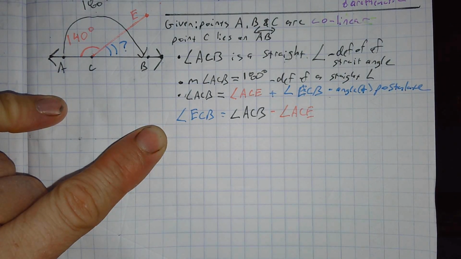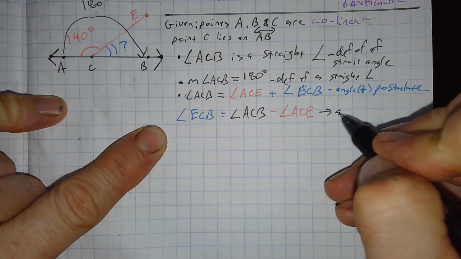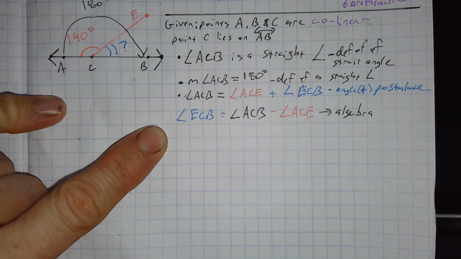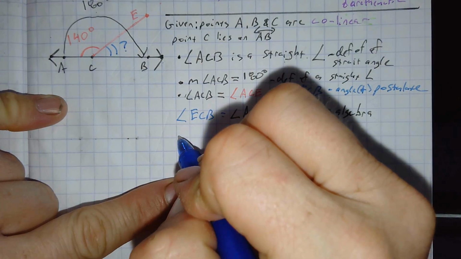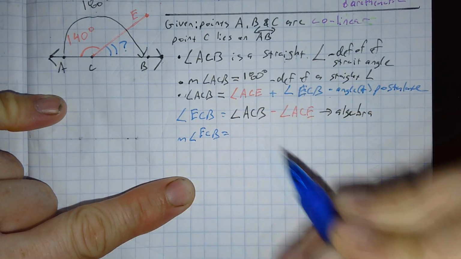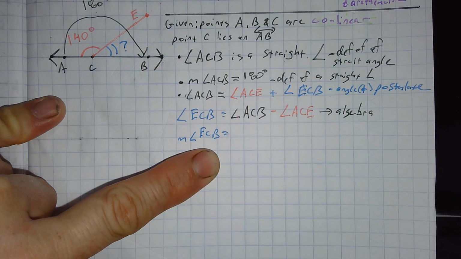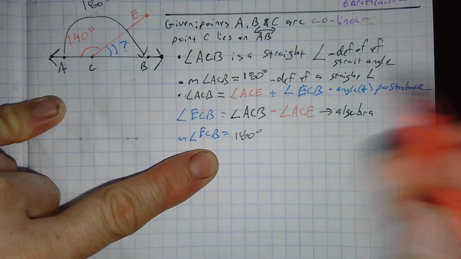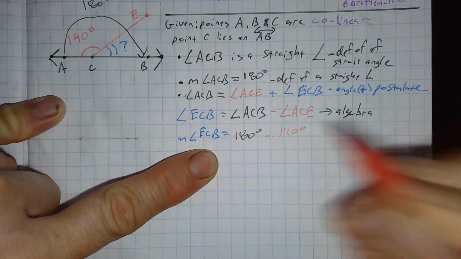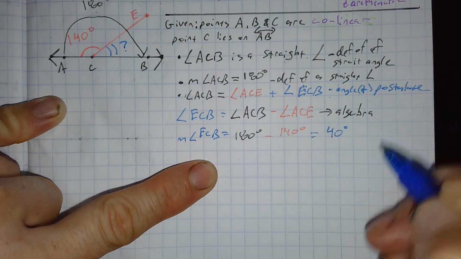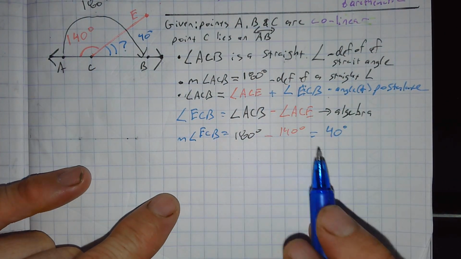Because of algebra, I just rearranged the top equation and then just plug in the numbers here. Measure of angle ECB equals 180 degrees minus 140 degrees, which equals 40 degrees. So that's 40 degrees. And that's how I'm able to conclude that.